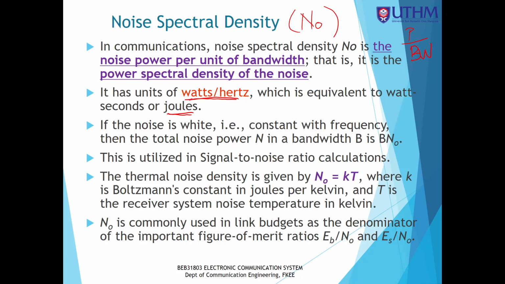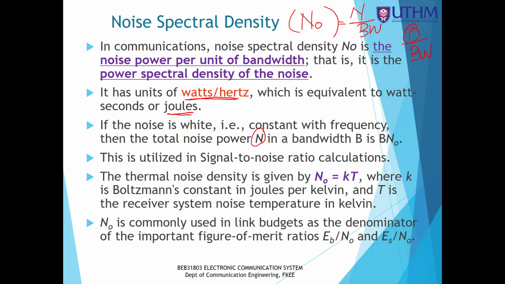So the noise is constant with frequency, then the total noise power N in a bandwidth B is B N0. This N is the noise power. From noise spectral density, N0 is equal to noise power N divided by the bandwidth.